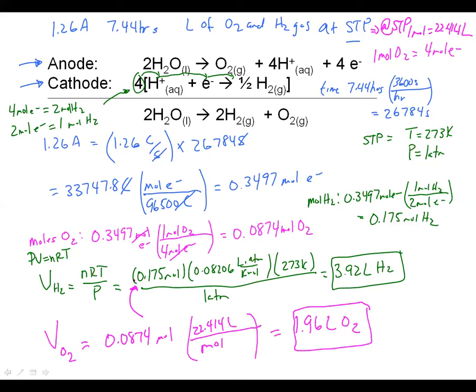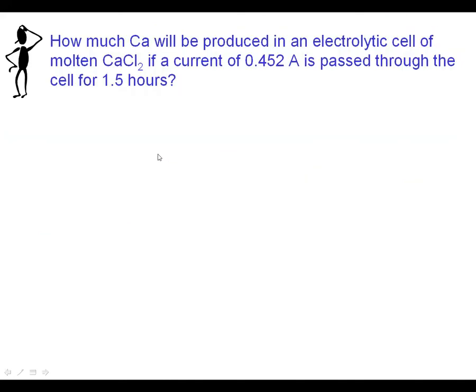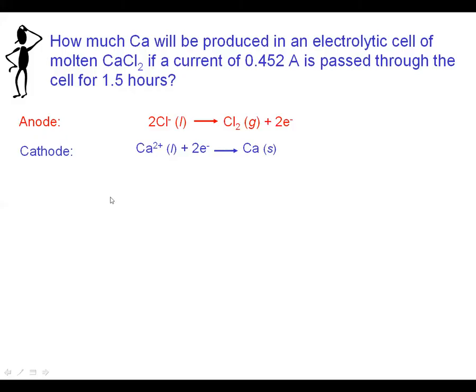Okay, so why don't we try one more here before we wrap this chapter. We want to know how much calcium will be produced in this electrolysis cell if we run molten calcium chloride through a current of 0.452 amps for 1.5 hours.